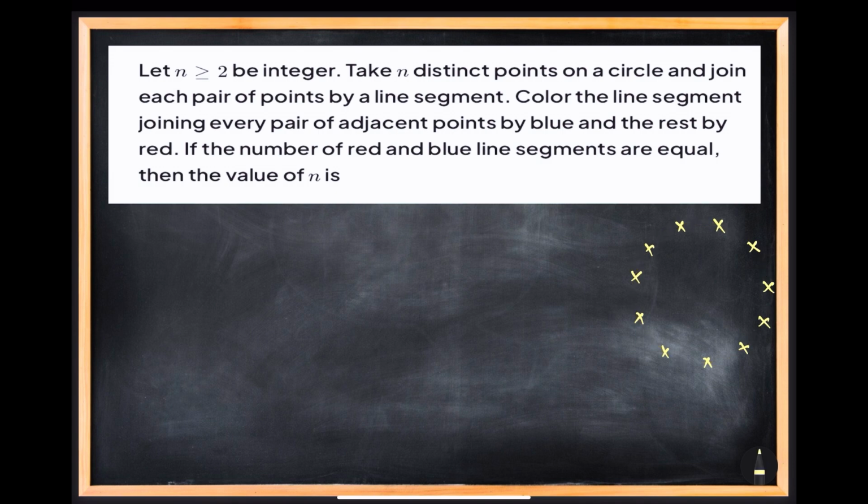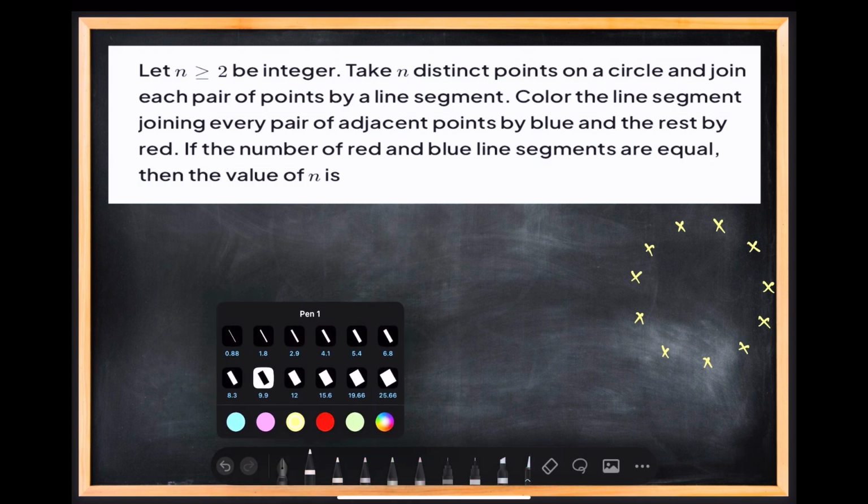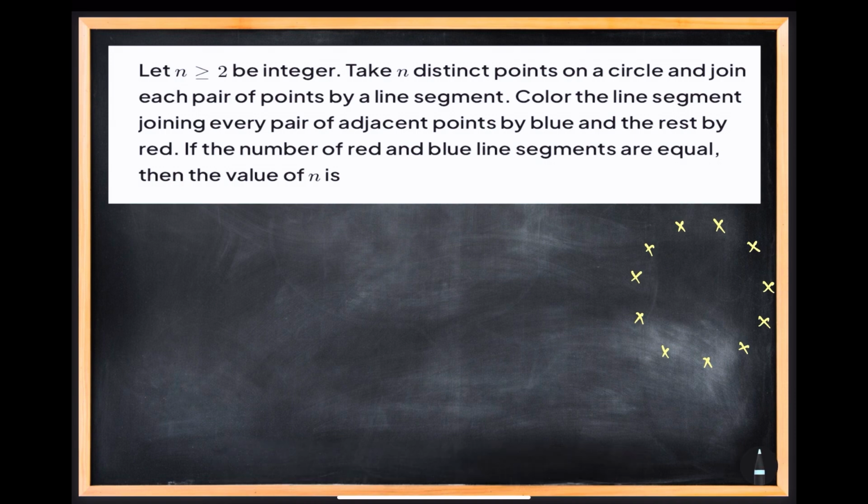Now the idea is the color of the line segment joining each pair of adjacent sides is blue. Okay, so if you are talking about consecutive sides, it is blue, and the rest is red.